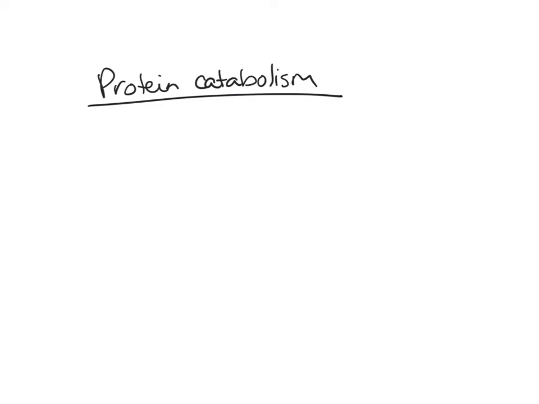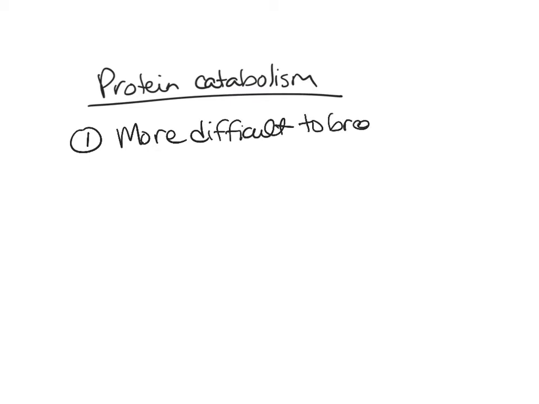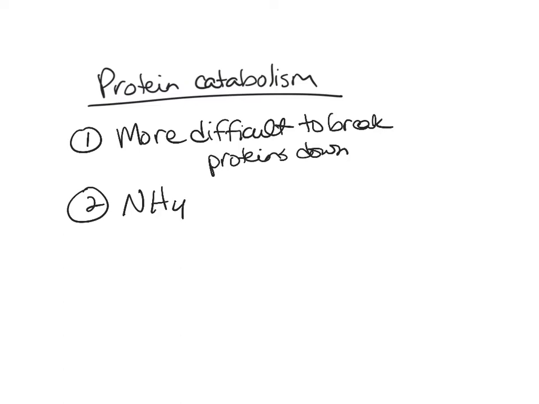There are 3 reasons why it's impractical to use proteins for energy. So first of all, proteins are more difficult to break apart. Second of all, the byproduct ammonium ion is toxic, so we wouldn't want to break down proteins for that reason.